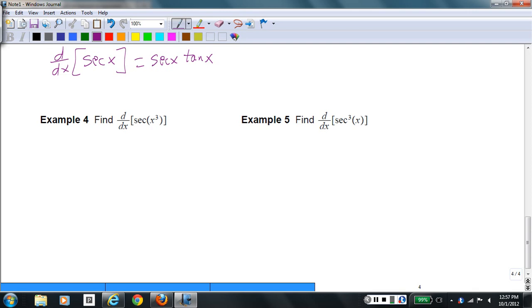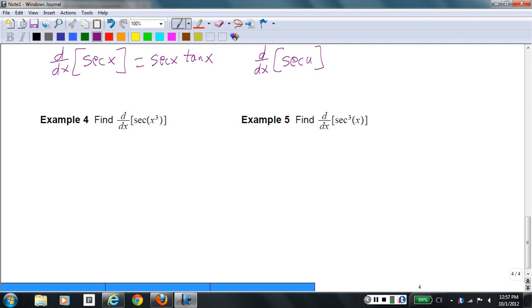Now, applying the generalized derivative formula to this, if we want to find the derivative of secant u with respect to x, now we have to imagine u could be any expression with x's in it. It might be x cubed. Right? U could equal x cubed. It could be an expression with x's in it. How would we go about this?